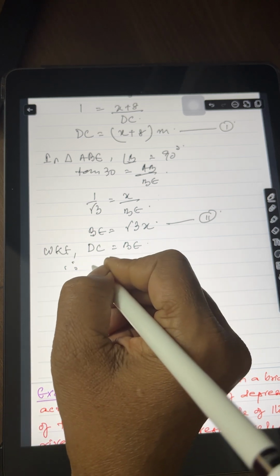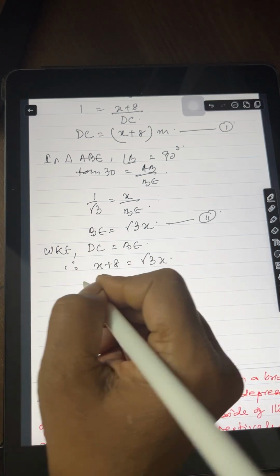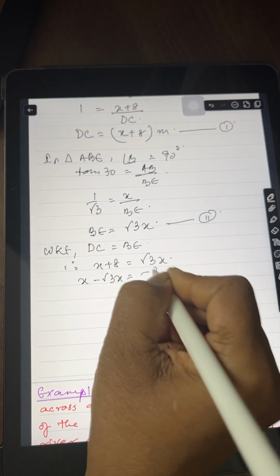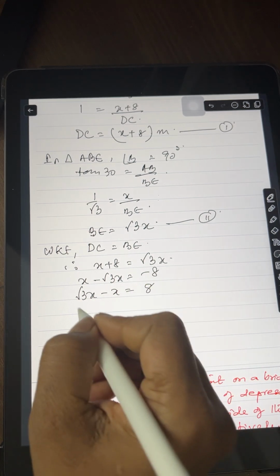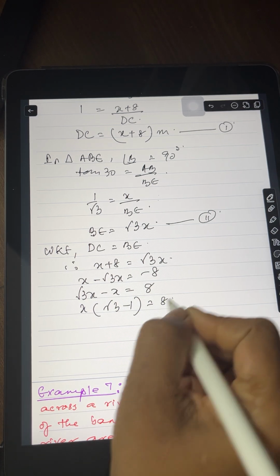Therefore, x plus 8 is equal to root 3 x, or root 3 x minus x is equal to 8. Taking x common, x times (root 3 minus 1) is equal to 8.